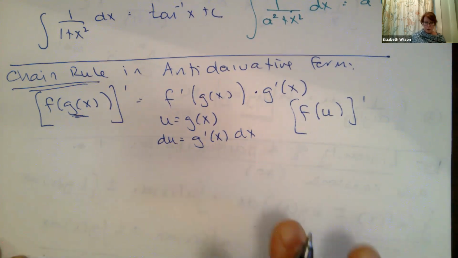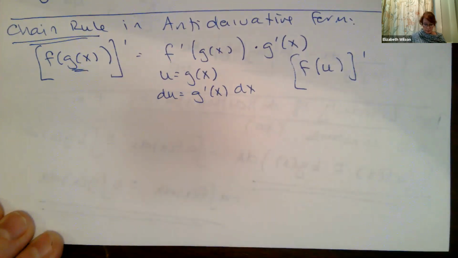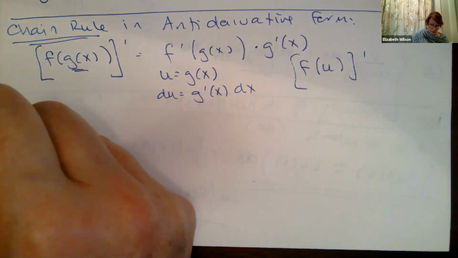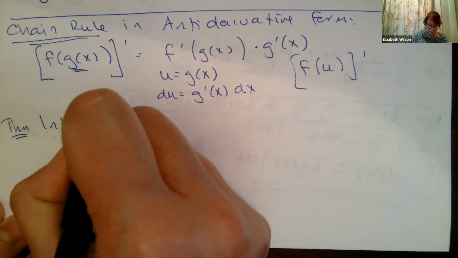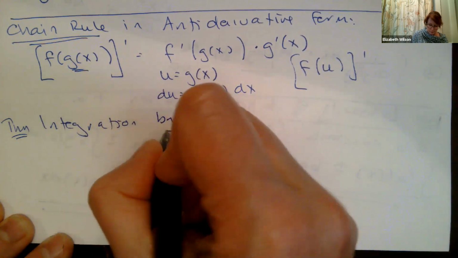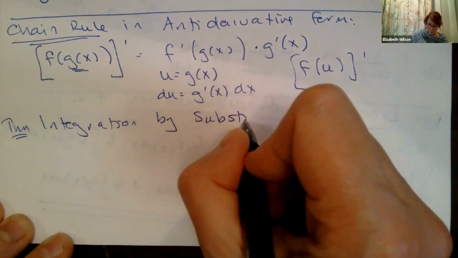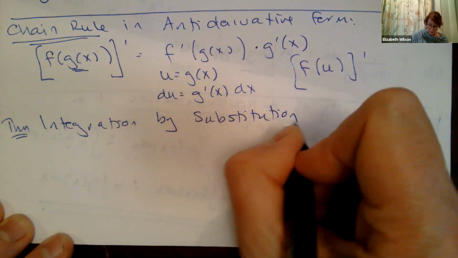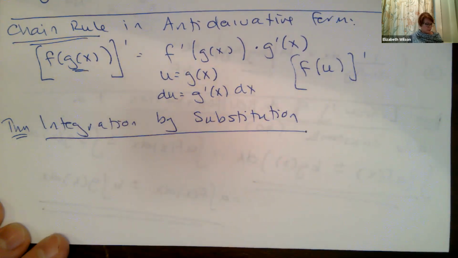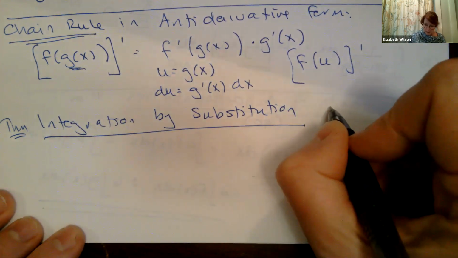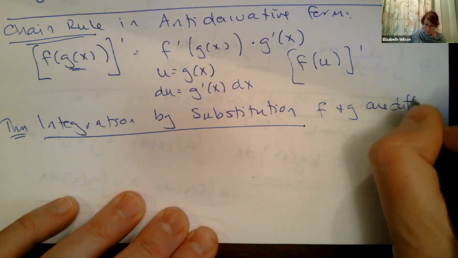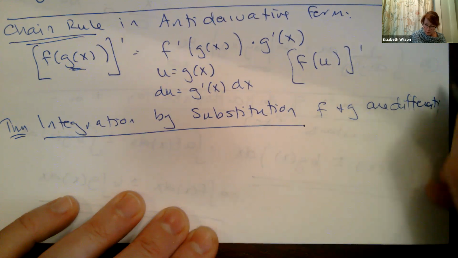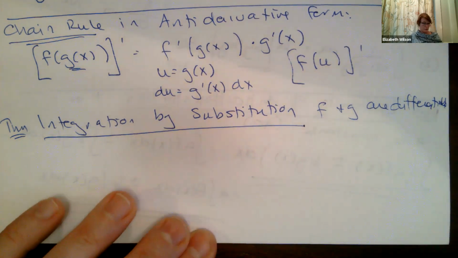Okay, so now we have a theorem. We're going to use this idea. It's called integration by substitution. So first off, we need to say f and g are differentiable functions.